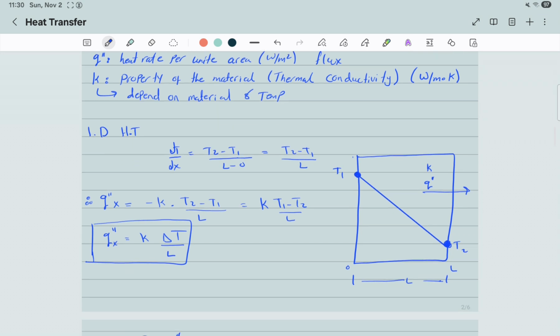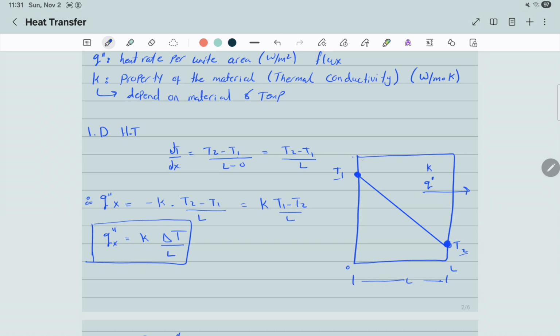So if we draw an example of one-dimensional heat transfer in a wall, this here being our wall with length L, this will be our T1, this is our T2.